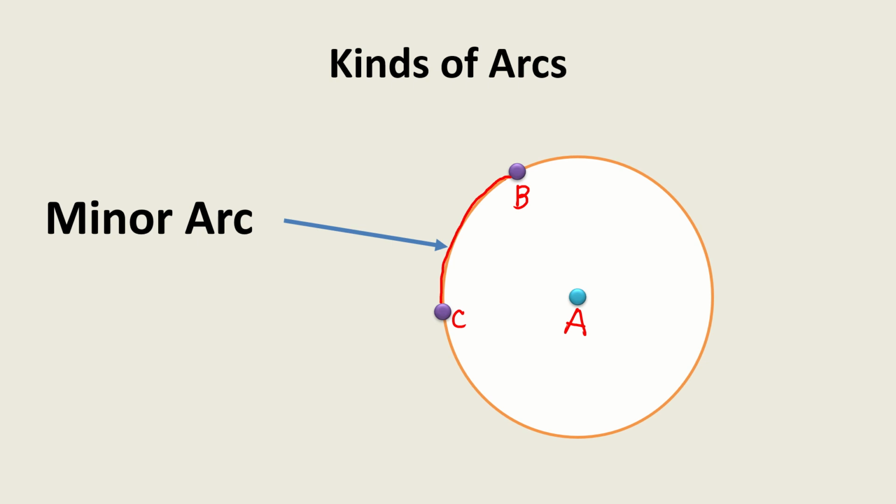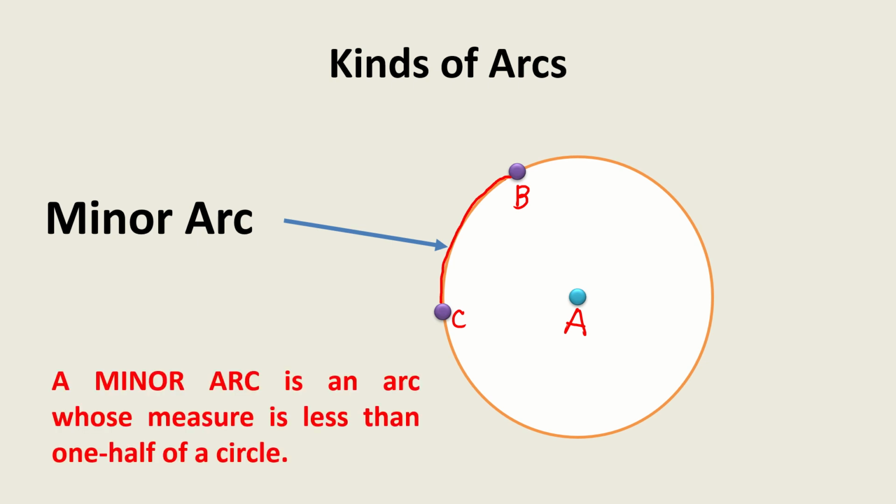How did it become a minor arc? What is our definition of a minor arc? A minor arc is an arc whose measure is less than 1/2 of a circle.